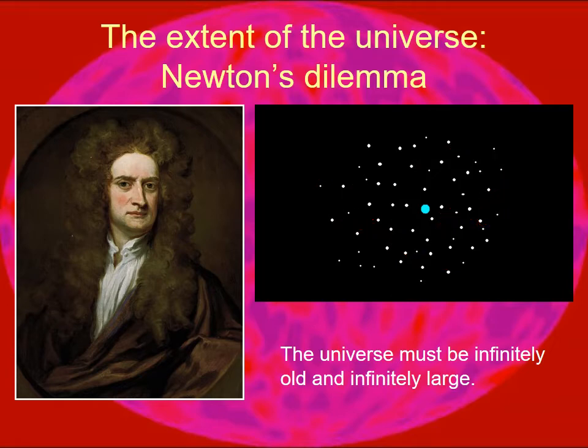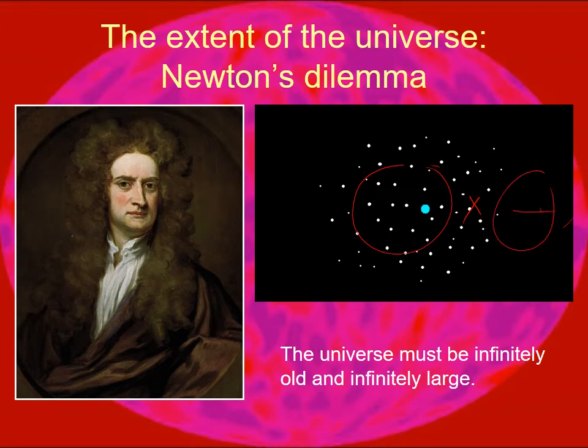Now, the idea of the universe being unstable was philosophically abhorrent to Newton. And so he said, well, the universe has to be stable. It's not collapsing in on itself. Again, the concept of how big it is was not even possible at that time. And so his idea was the universe has got to be stable. Therefore, wherever you are in the universe, there has to be just as much on one side as the other side.